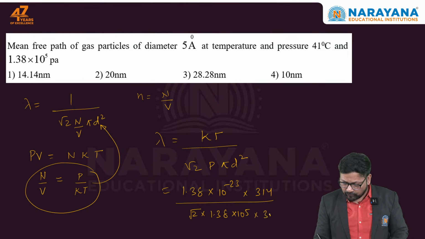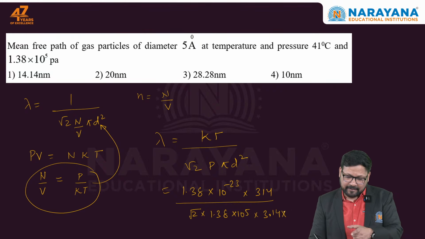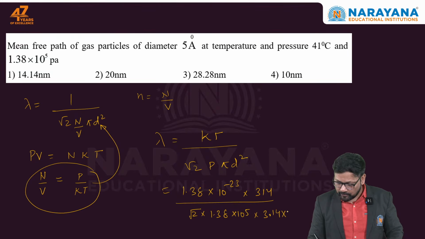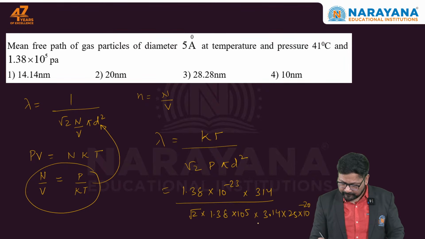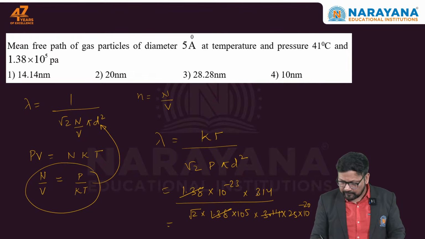Pi is again 3.14, and what is the value of d? D is given as a diameter, a square we need to do. So 25 into 10 raised to power minus 20. Okay, so that will go straight away.